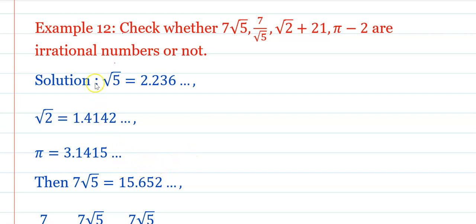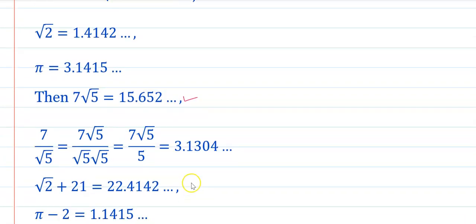If I multiply root 5 by 7, I get 7 into 2.236, which is 15.652 and so on. This is also non-terminating and non-recurring. In this way, if we multiply an irrational with a rational, we get an irrational number.